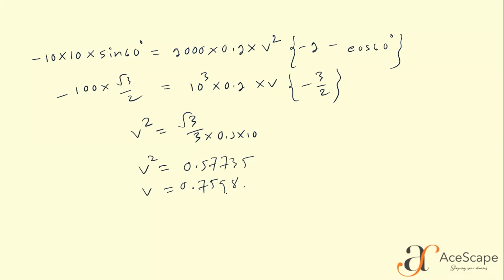Check your calculation. I think this will be the answer. Someone write in the chat box what answer you are getting, the same? Are you getting the same answer? Hello. Yeah. Okay, everyone, you all get the same, right?